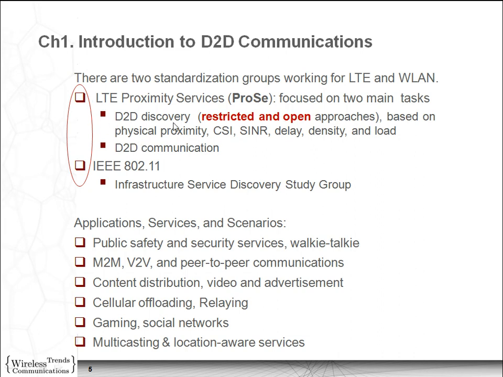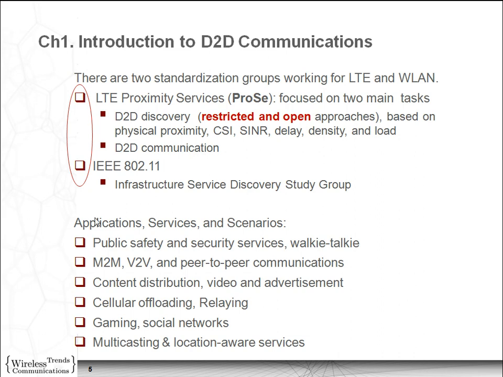And of course, once we have discovered the devices in the proximity, we need to actually do the communication. These are the two tasks developed by the 3GPP groups. And we have another group that is related with these proximity services that is working for the IEEE 802.11, and this group is attempting to provide also services in the same line.